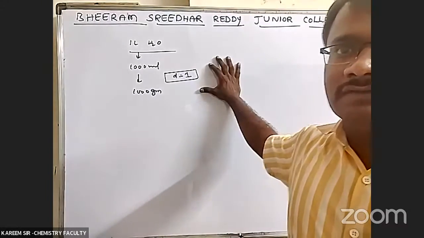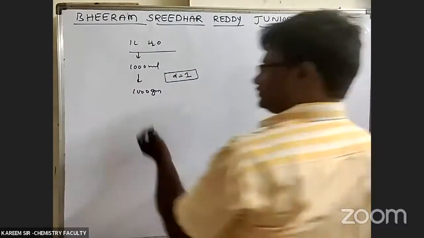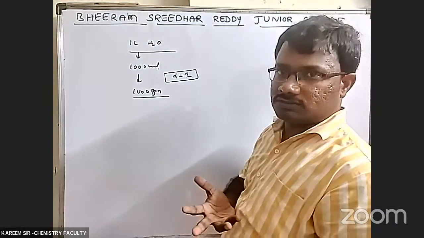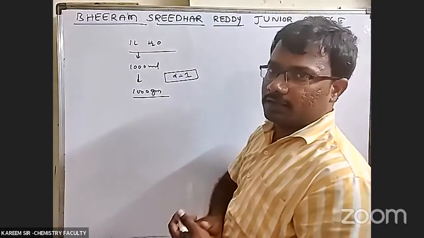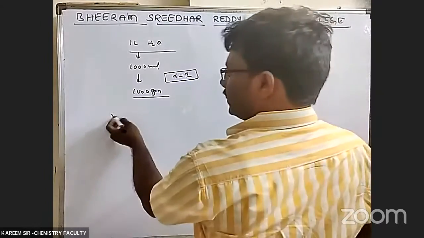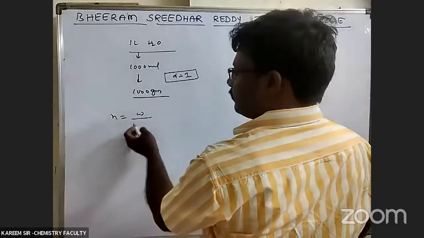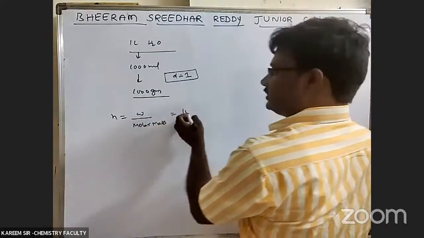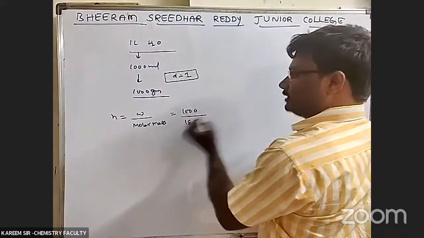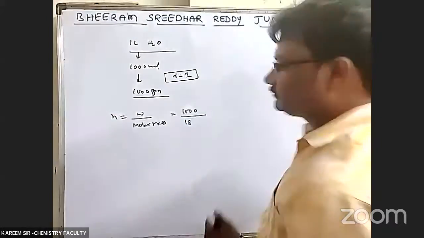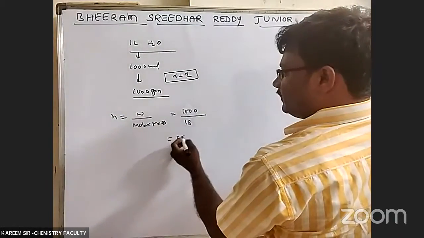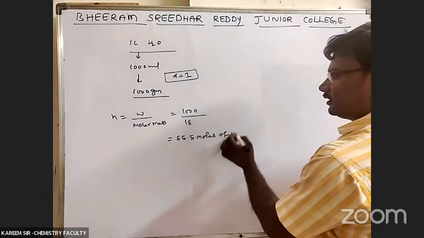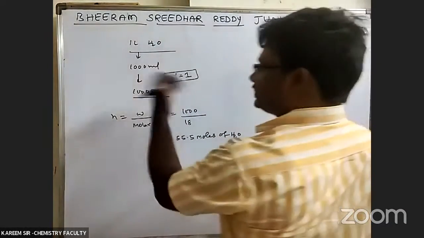If you know the weight, first calculate moles. If you know the moles, then only you can calculate the molecules. The number of moles equals weight by molar mass. Weight is 1000. Molar mass is 18 for water. You will get 55.5 moles of water.